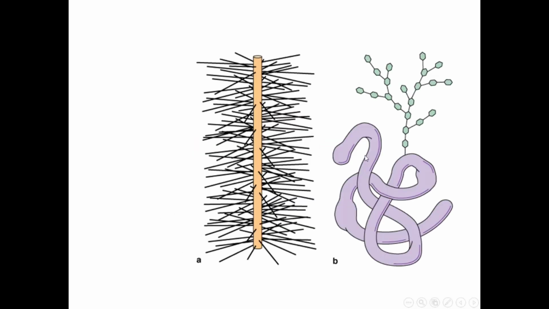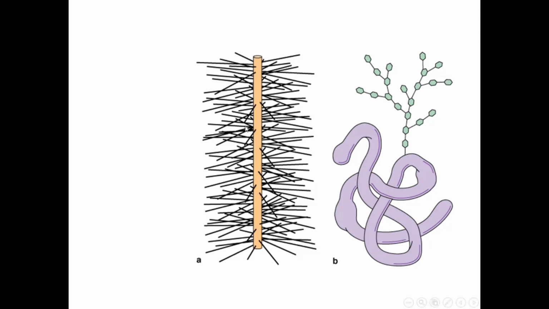Let's see by pictures. In these two pictures, in the first one, I mean on the left, this color means the protein and the black is carbohydrate. In this one also, the purple one is protein, and the green is carbohydrate. Which one is glycoprotein and which one is proteoglycan?